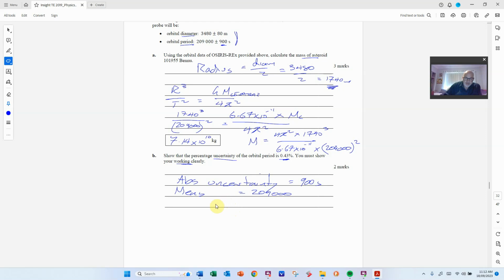So the fractional error is 900 over 209,000, which is equal to 0.0043, times that by 100 to give it to us as a percentage, and that gives us 0.43 percent.